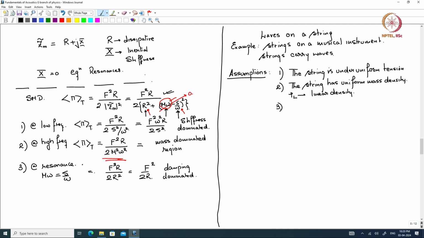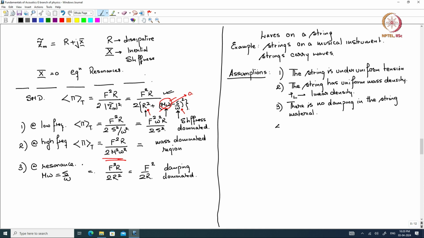The third assumption is that there is no damping in the string material. There is no dissipation whatsoever.